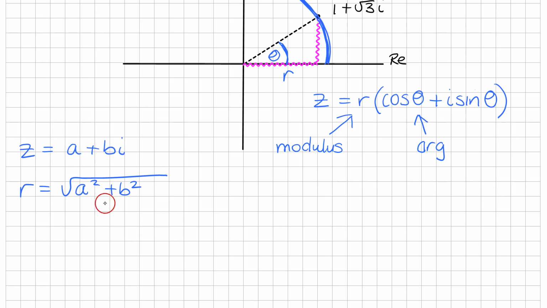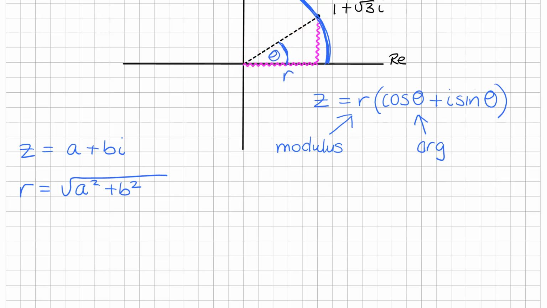You're simply using Pythagoras' theorem, seeing how far out and how far up, and the length of the complex number is this dotted black line, the hypotenuse of that pink triangle.